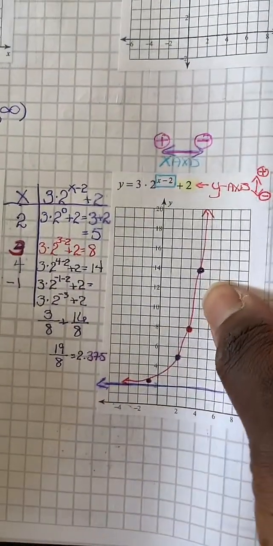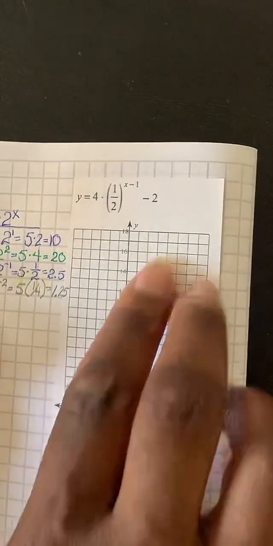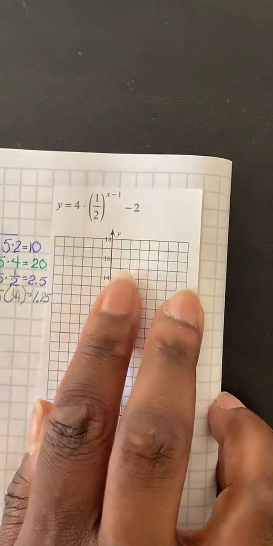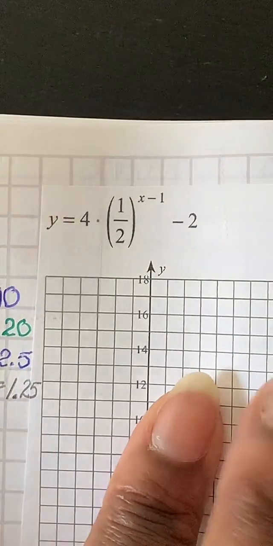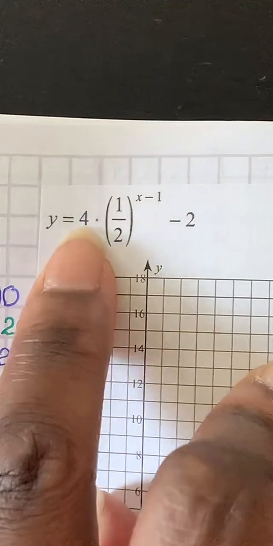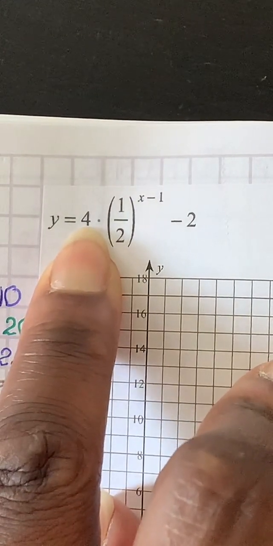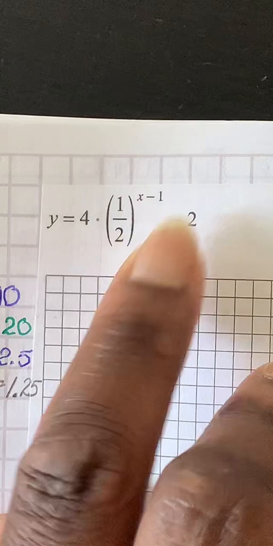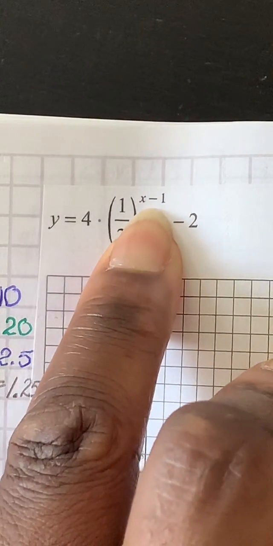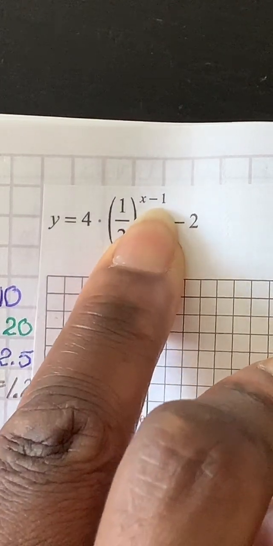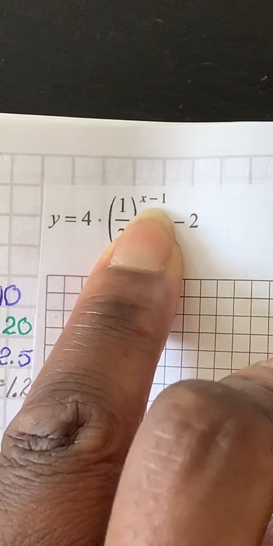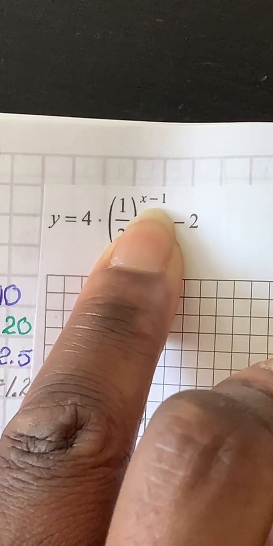So like if I do real quickly, but not doing the table, just so you can identify the transformation. So for this one, if I did the transformation of this, my starting point would have been at 4, but this is telling me I need to move 1 unit, and since it's minus, I'm moving 1 unit to the right.